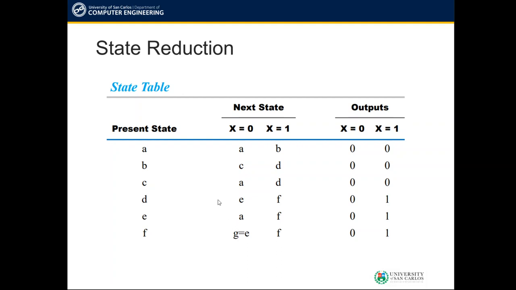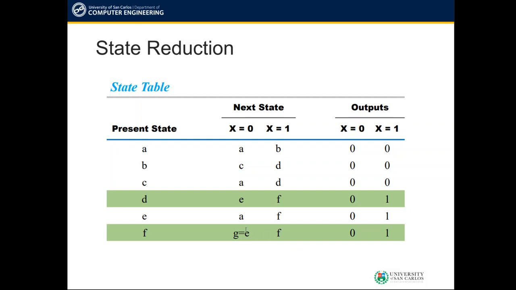Is there anything else that we can reduce from this state table? Since this becomes an E, you can also see that this row is also the same as this row, so we can reduce this one.